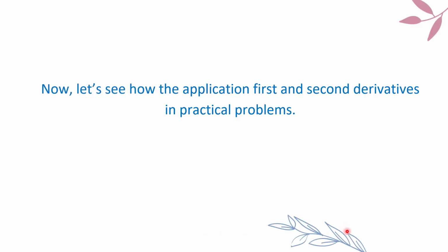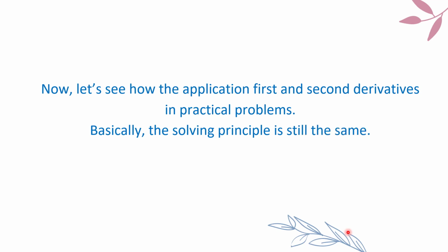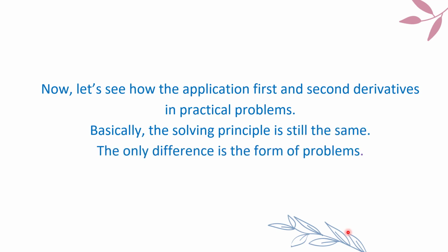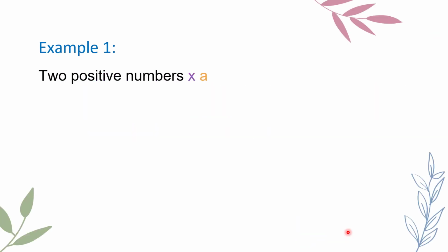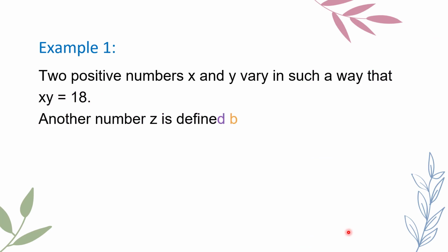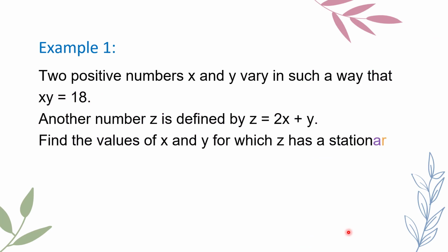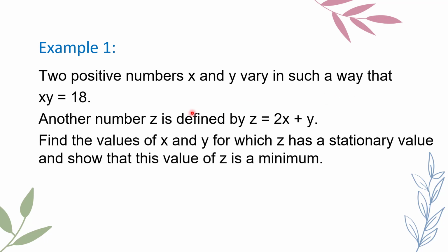Now let us see the application of first and second derivatives in practical problems. Basically, the solving principle is still the same, but the form of the problem is a bit different. Example 1. We have two positive numbers, x and y, which vary in such a way that xy is 18. Another number z is defined by z equals 2x plus y.